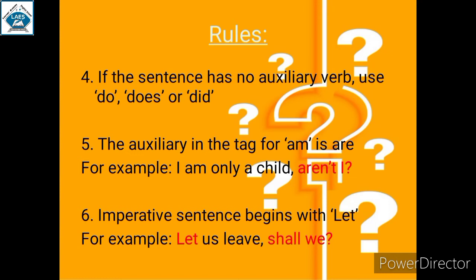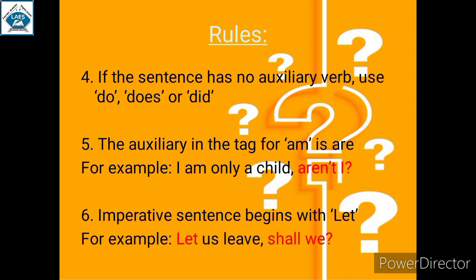For example, mother cooks well. So the question tag used in this sentence is doesn't she. When you see words like he, she, it or any name, we use does.